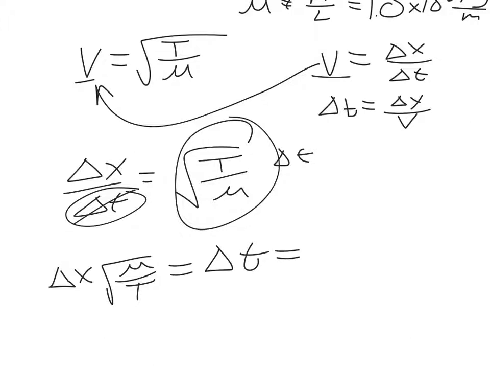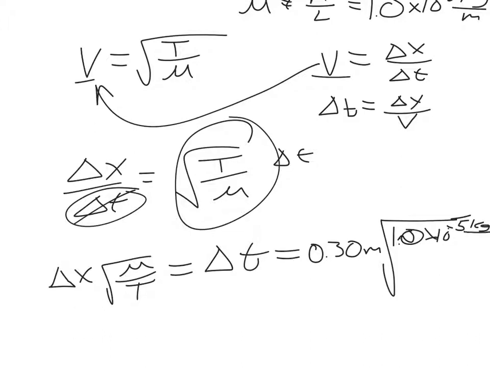Now I'm going to change delta x from centimeters to meters, so 0.30 meters. And the square root of mu, which was 1.0 times 10 to the minus 5, that's kilograms per meter. And on bottom I should have a mu. No, that's wrong.